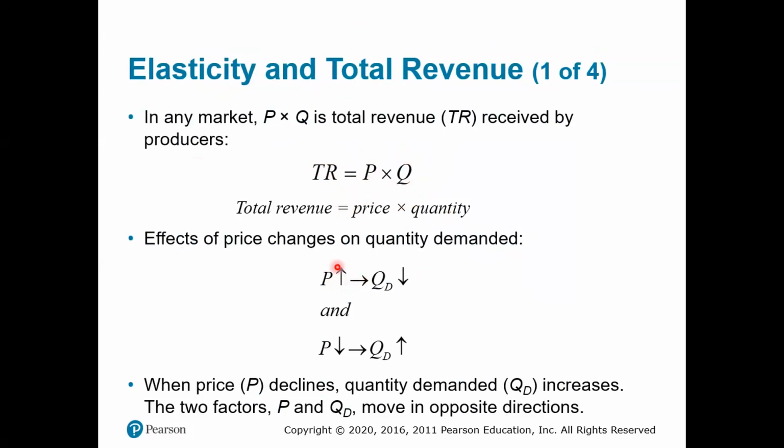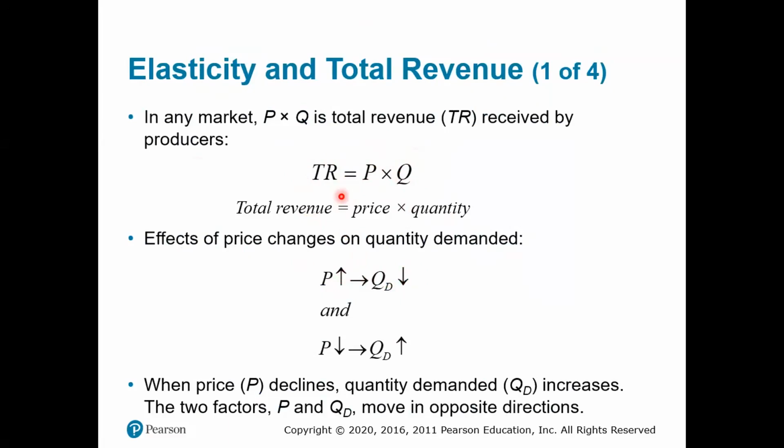So we have an up arrow and a down arrow, right? The problem is we don't know which is bigger. If price is going up, and the up arrow is bigger than the down arrow, then total revenue will increase. If the down arrow is bigger than the up arrow, that means if you raise price, total revenue will fall.